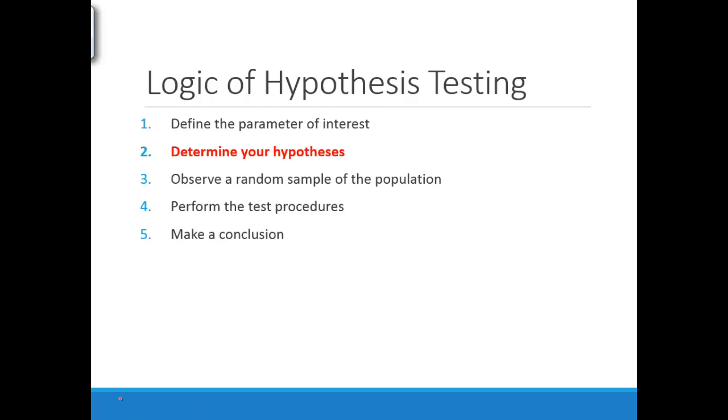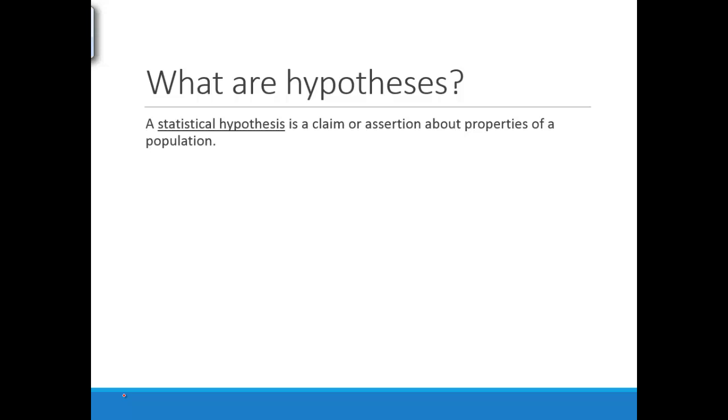So how do we go about determining the hypotheses here? First of all, what are hypotheses? The definition that we'll use is that in statistics, a statistical hypothesis is a claim or assertion about the properties of a population. So it's going to involve the properties of the population.